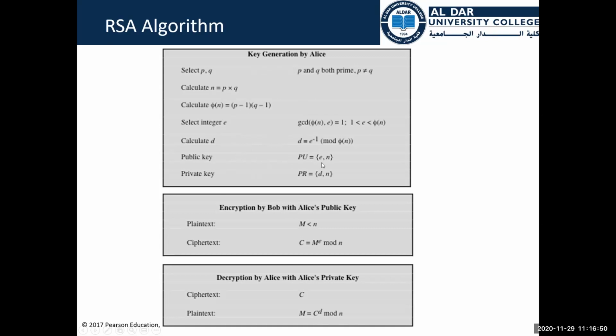The public key is E and N, and the private key is D and N. We can encrypt using the public key with C equals M to the power E mod N, and we can decrypt the data using M equals C to the power D mod N.